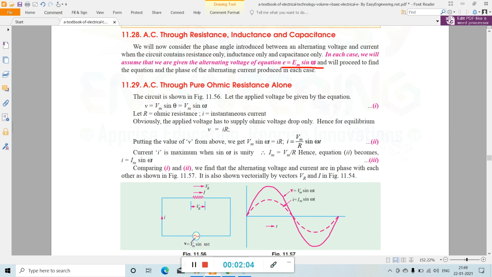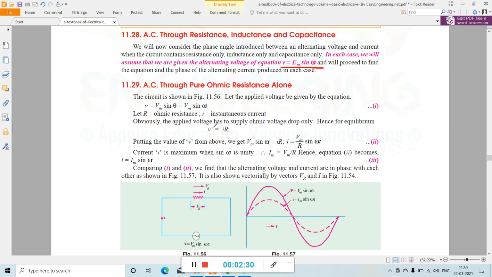This is the applied voltage, connected through this closed circuit, and i amount of current is flowing through this path. The voltage across this resistance is VR, and the current through it is i. R is the ohmic resistance, and small i represents the instantaneous current.